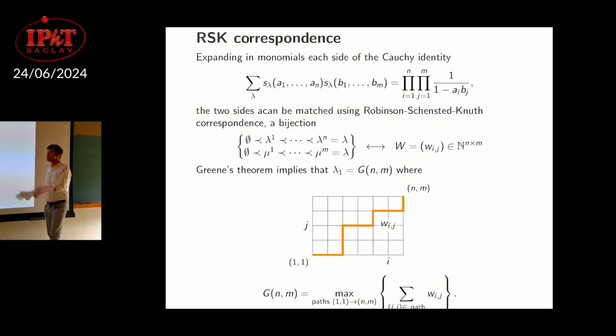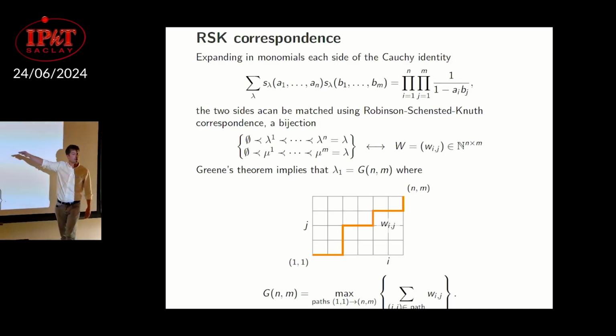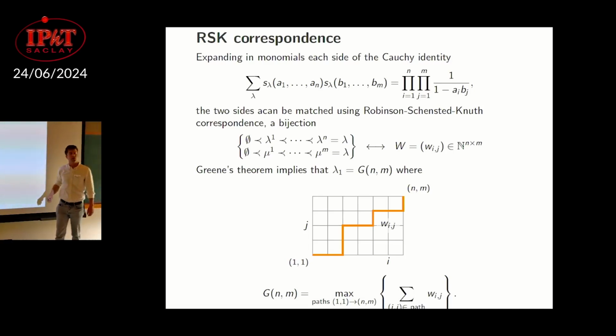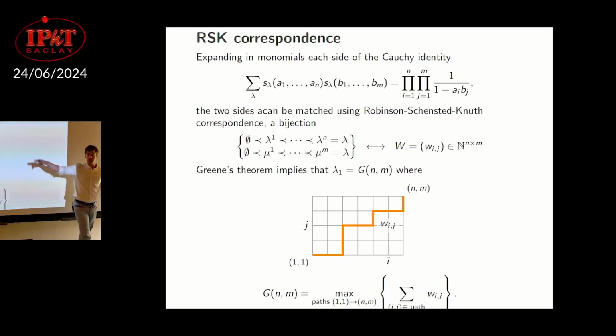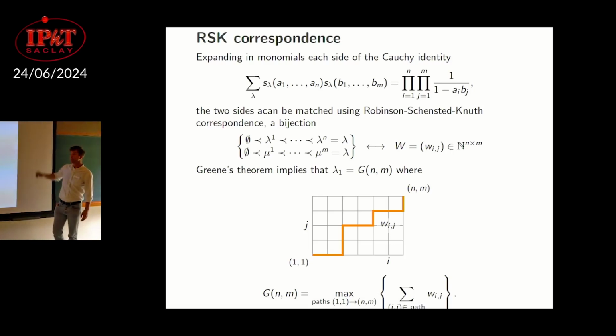So if you put the matrix entries on the vertices of a certain n by m grid, like here, then lambda 1 will correspond to counting sums of weights along paths. So we consider all the paths which go from one corner, the corner (1,1), to the corner (n,m) in that grid and progress up and right.